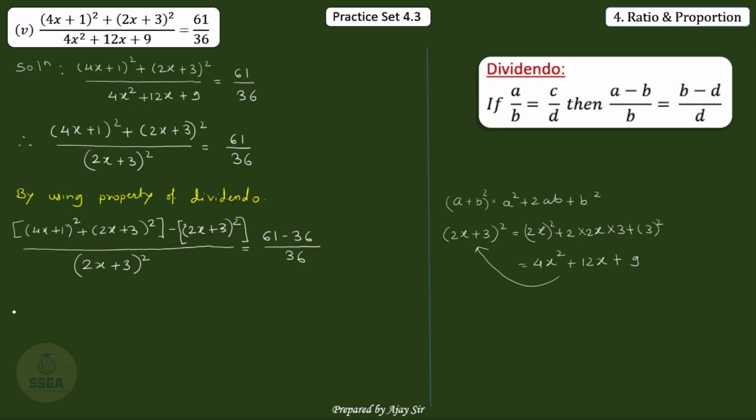So now let us remove the square bracket: (4x+1)² + (2x+3)² minus (2x+3)², divided by the denominator, that is (2x+3)², is equal to, let us subtract 61 minus 36. So 11 minus 6 is 5, and 5 minus 3 is 2, so 25.